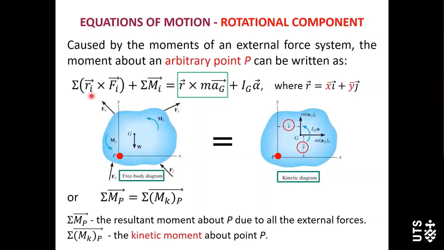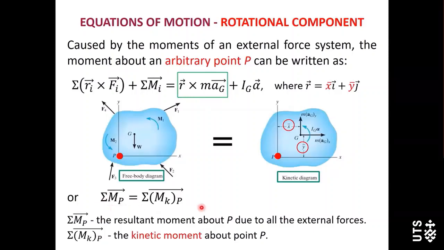On the left side, the first item means the moment generated by F1, F2, F3, and F4. The second item means the couple moment, here M1 and M2. And this equation can be simplified like this.